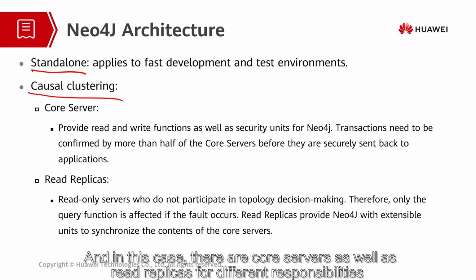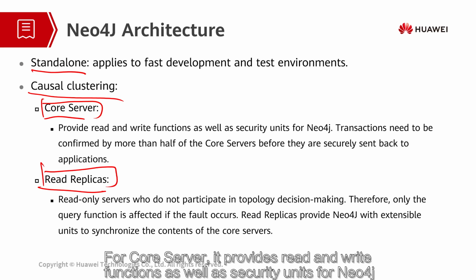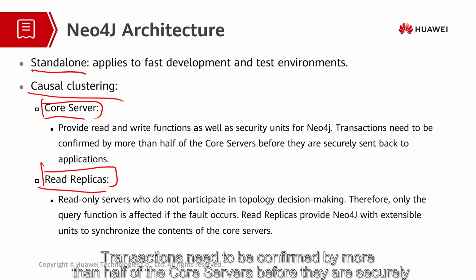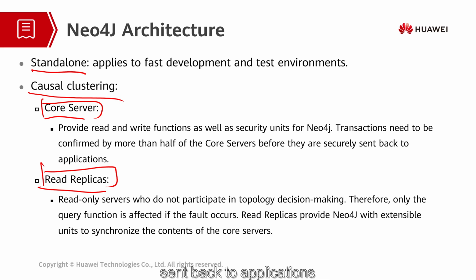And in this case, there are core servers as well as read replicas for different responsibilities. For core server, it provides read and write functions as well as security units for Neo4j. Transactions need to be confirmed by more than half of the core servers before they are securely sent back to applications.